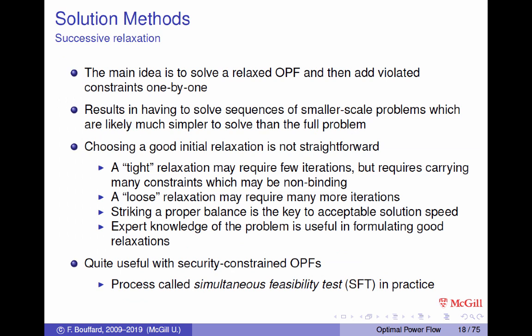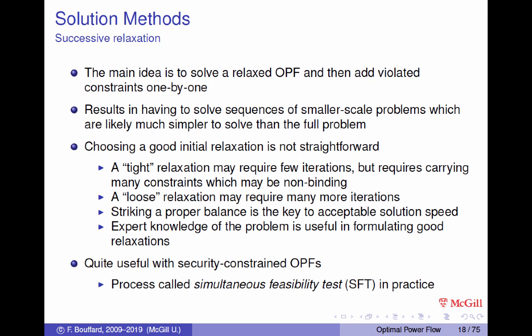The idea about relaxation is that you start with a relaxed problem, you solve it, and then you check whether any of the constraints or features that you've relaxed out have been violated by solving the easier relaxed problem.